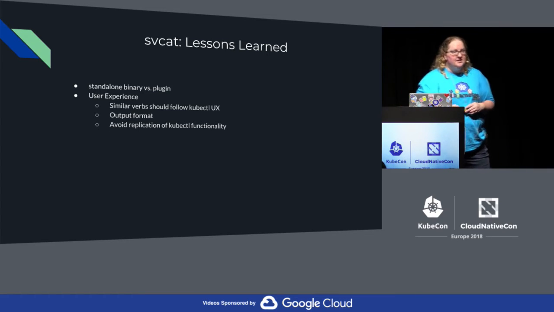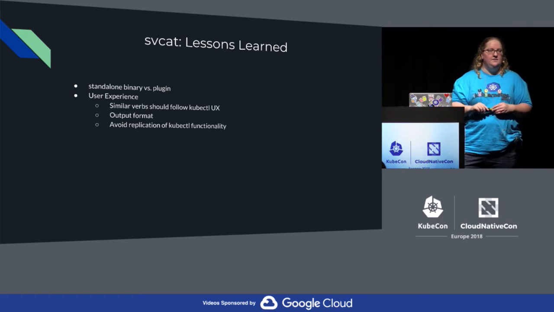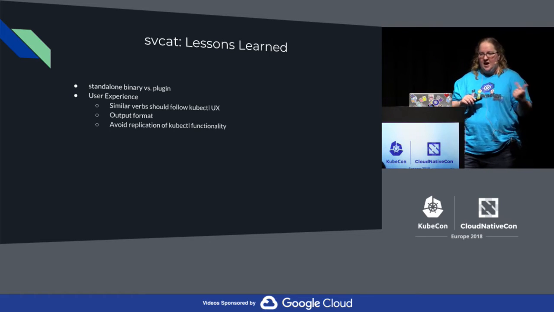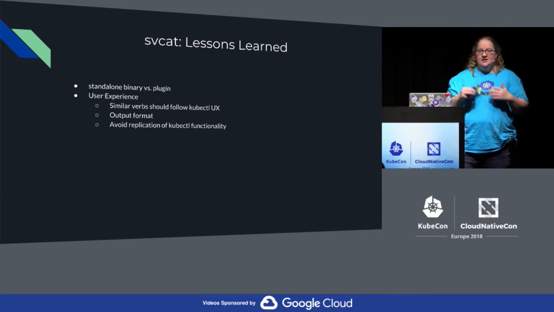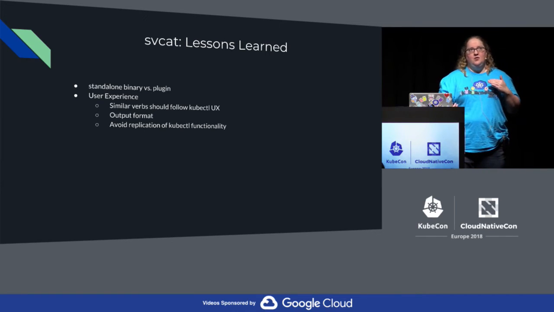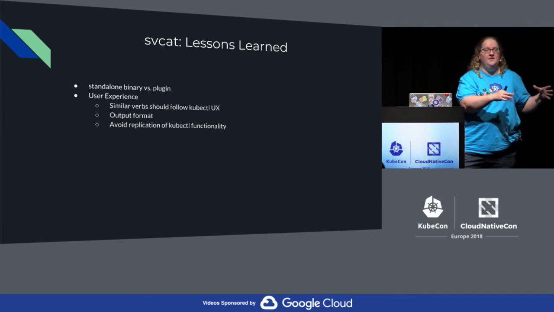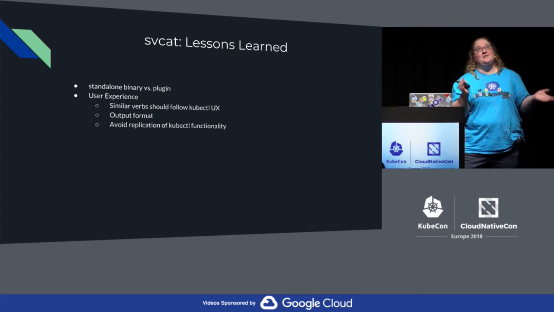Otherwise, a couple of suggestions. You'll have noticed that we use verbs like get and describe. That was on purpose. It wasn't to confuse people. It was to provide a migration path to when eventually svcat isn't a standalone binary. In this wonderful future, you could type kubectl get classes and use the output coming from our plugin.